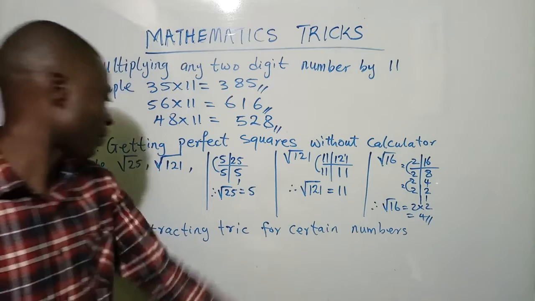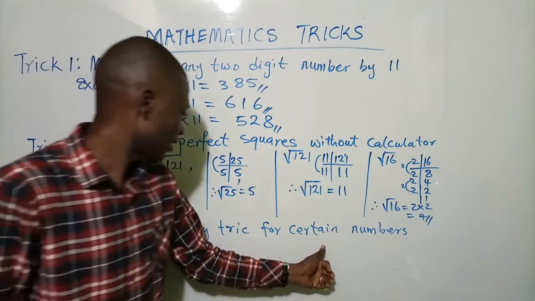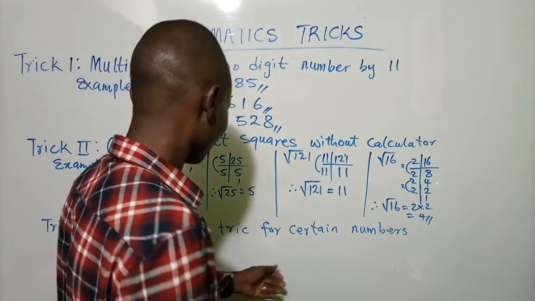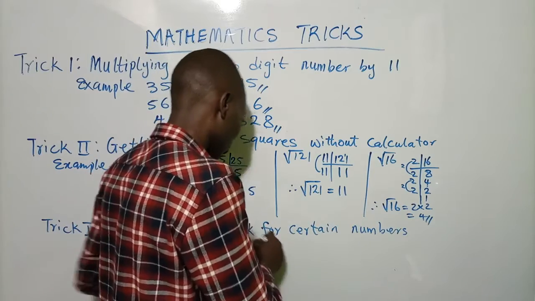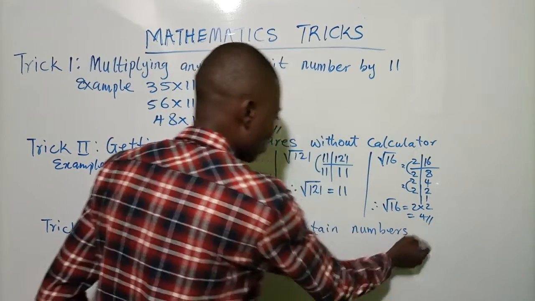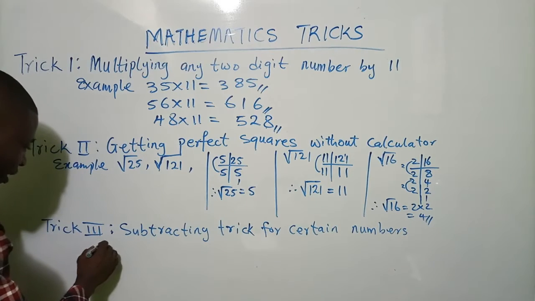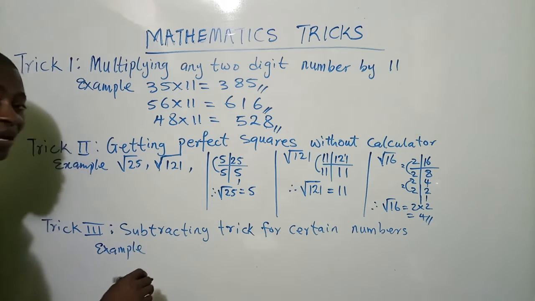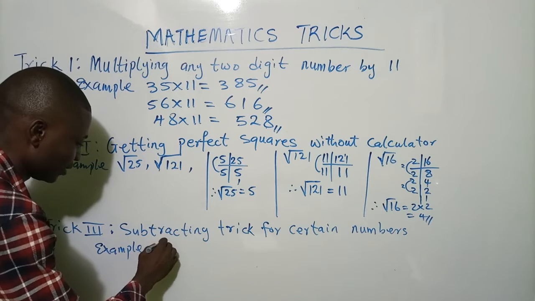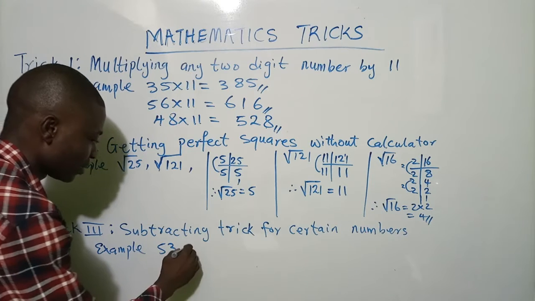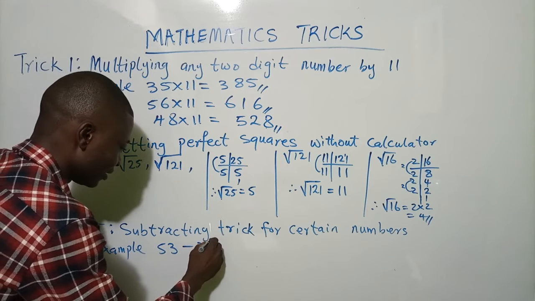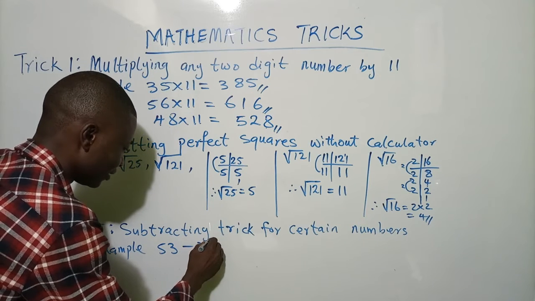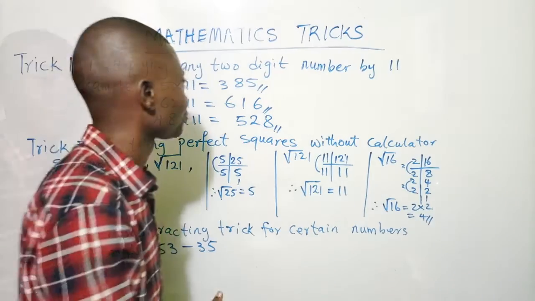The next trick we're talking about is a subtracting trick for certain numbers. What are these numbers? For instance, you have a number like this. Let's say you are subtracting 53 minus 35.